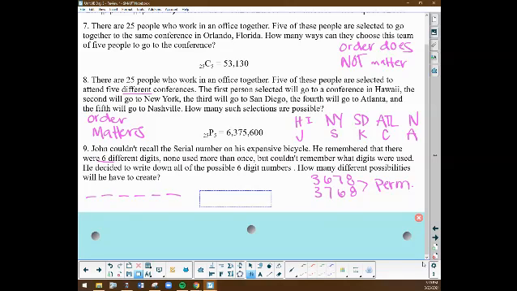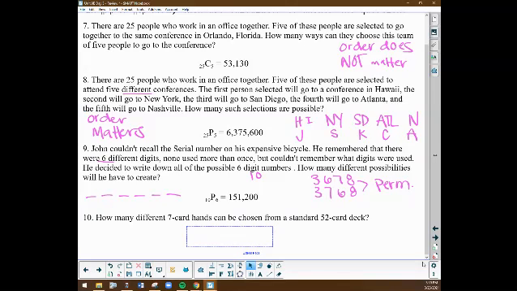We have 10 digits we can choose from, right? 0 through 9. We know it's a permutation. So we have 10 total digits we can choose from, and we want 6 of them. You cannot repeat because none of them are used more than once. It's a permutation because the arrangement makes a difference.